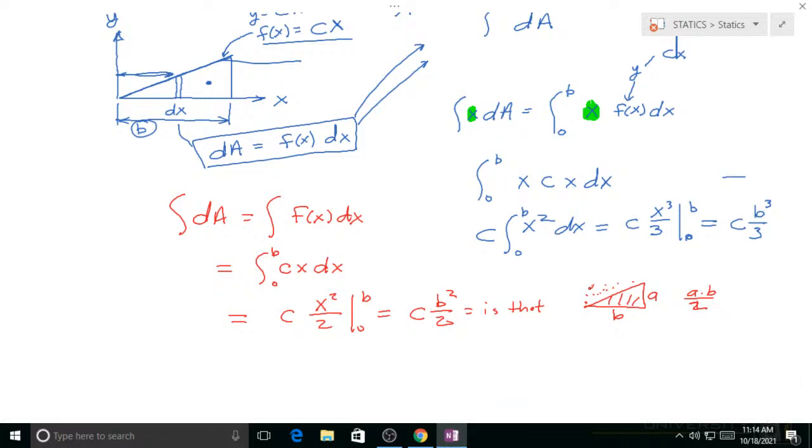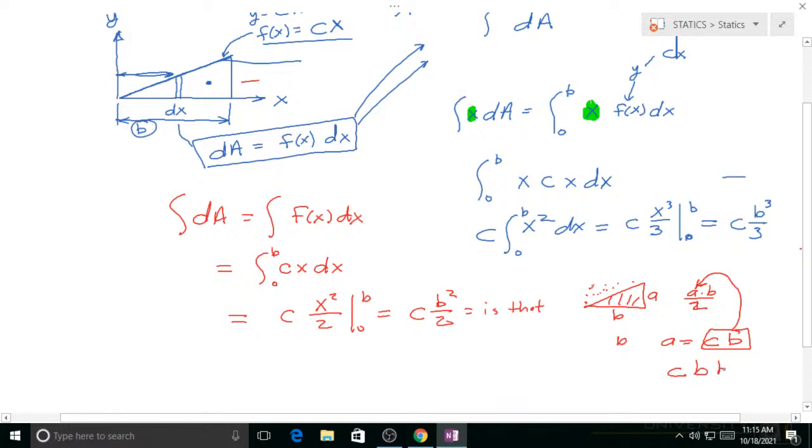If I look back at my triangle, then b is b, but a is actually equal to c times b, because that's the slope. So this goes in there, and it should give me c b times b over 2. And I think that's what I got. b times b is b squared over 2.